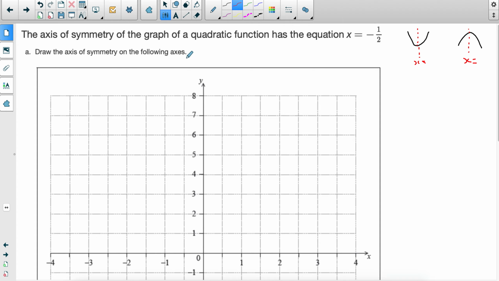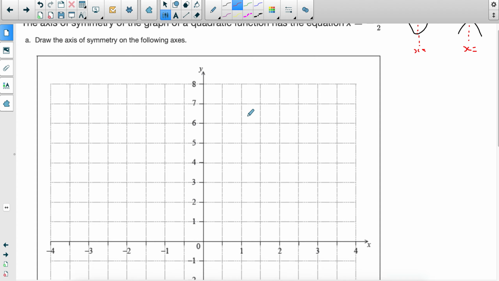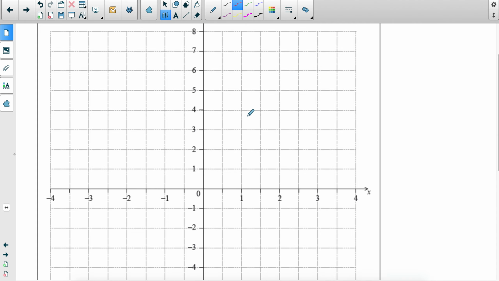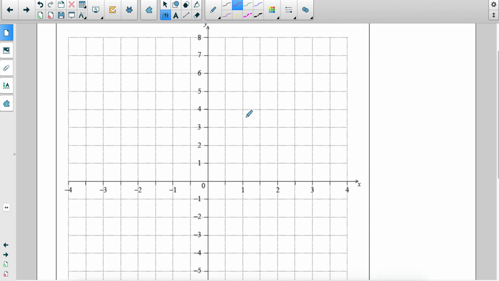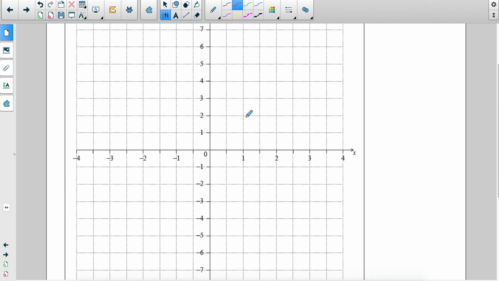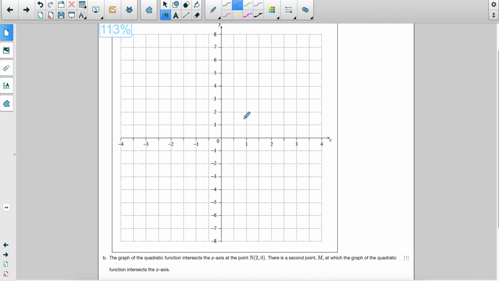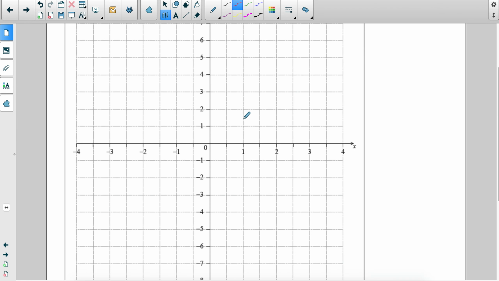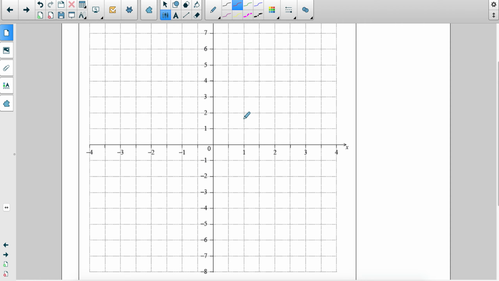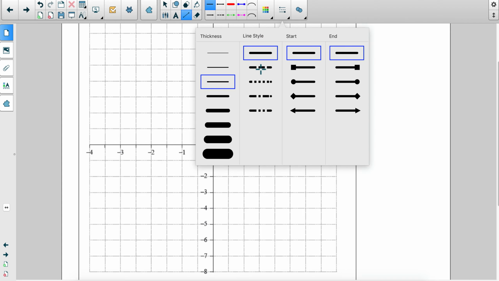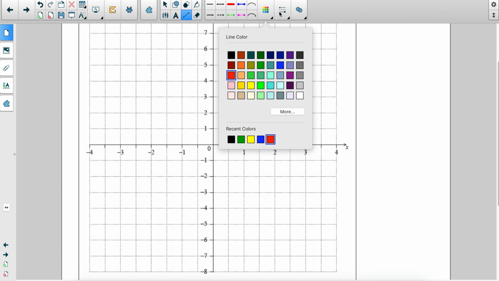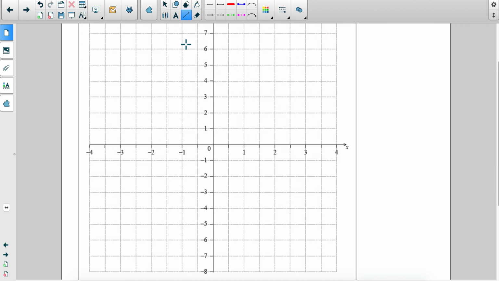So draw the axis of symmetry in the following axes. You could draw it as a dotted line if you want to. You could also draw it as a straight line, but as long as you indicate it as a line and not a point. So it's an actual line. Let's go with dotted, and I'm going to go with red just so that it stands out.